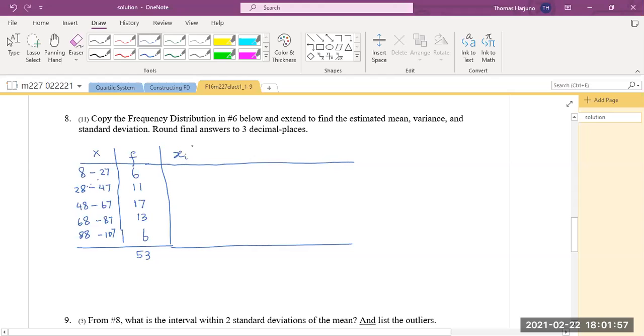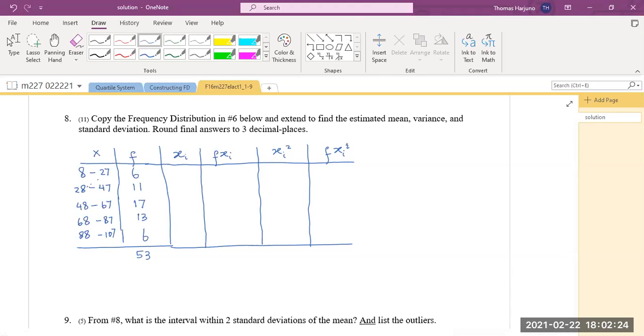Xi, the midpoint for each class, and then after that, f xi, and then xi squared, and then f xi squared. Okay, extend this table. The numbers will be quite ugly though, because the midpoint, I think this one here will be 17.5. It's like half, 1 decimal. So when you square it, you will get 2 decimals. Okay, but try to work it out.